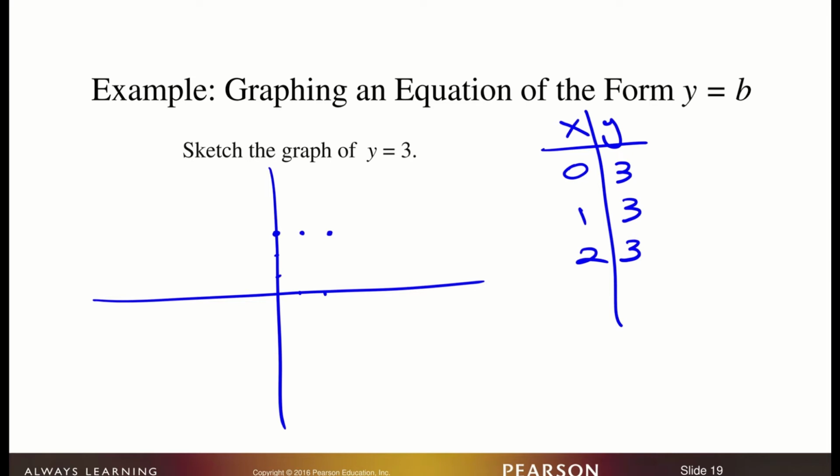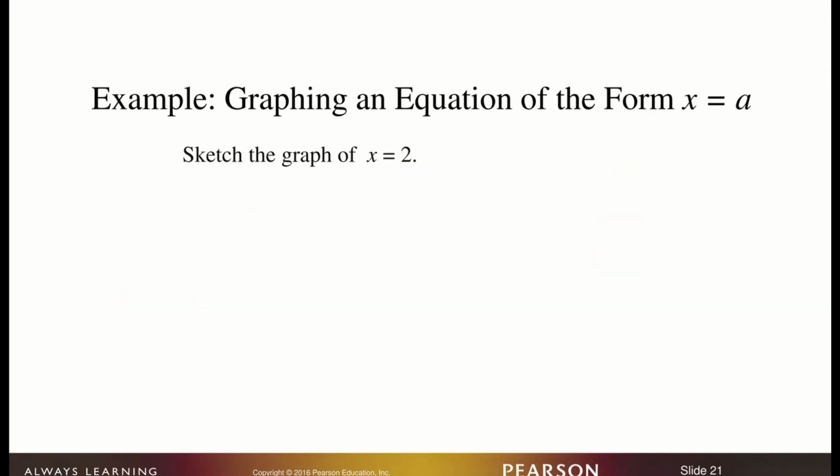If I graph the line that goes through them, it'll be that nice horizontal line. Again, that's 0, 3, this one here is 1, 3, and the one here is 2, 3. So you get that horizontal line represented by this equation.